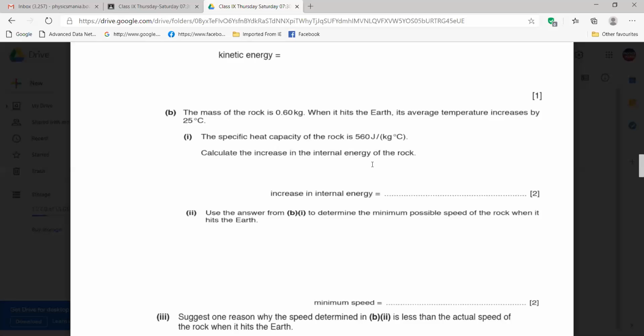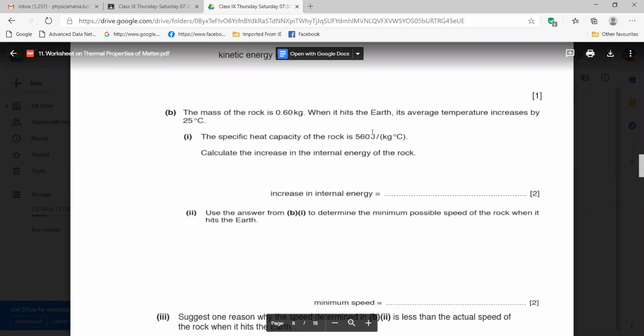So what is the answer? 8400. So write 8,400. And what should be the unit for energy? Joule. Only joules here.